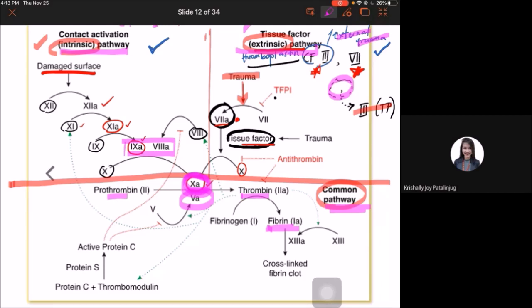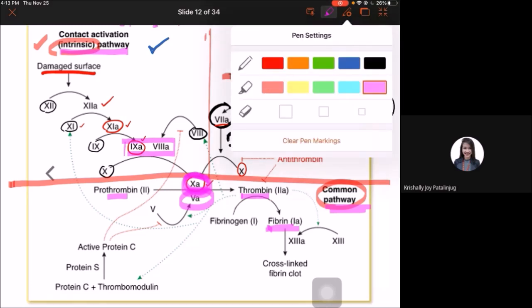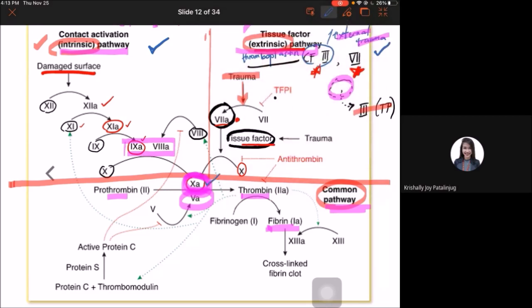So because of 10A together with 5A, there is 2A, the thrombin. And finally, because of 2A, fibrinogen is now converted to fibrin, which is 1A.